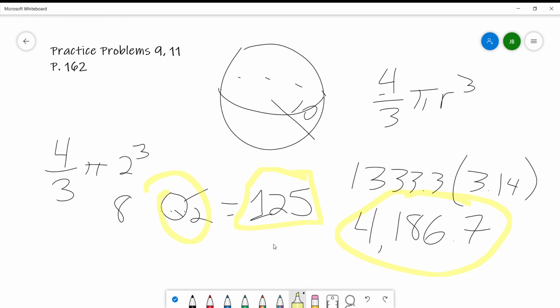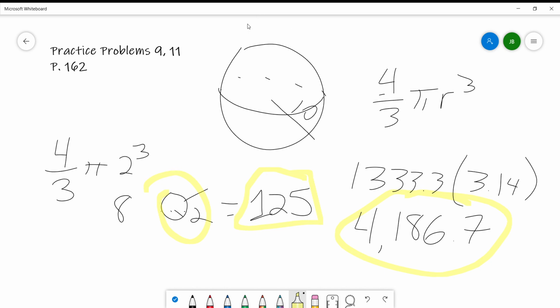However, if we were to leave this in fractions, we would see that it does divide perfectly evenly into exactly 125 balls. It does assume that there's no waste, and we all know that anytime you are dealing in manufacturing, there's going to be some drips of molten metal that don't quite get into the little spheres. So 124 balls would probably be an acceptable answer.